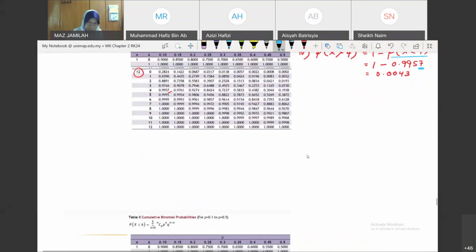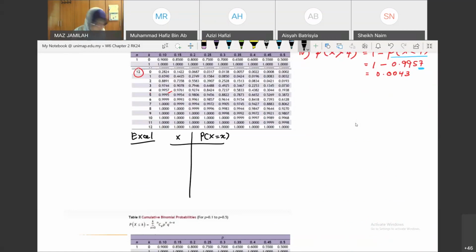Now, you need to understand the Excel is different. The Excel is calculating the exact value of the probability. This is from Excel. What happened in Excel? You have your X and you have your P(X = x).